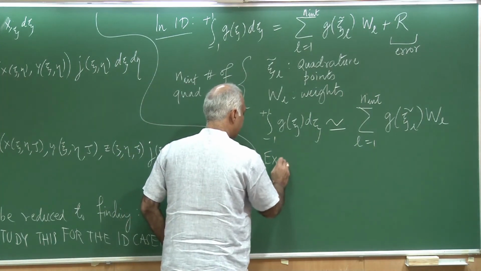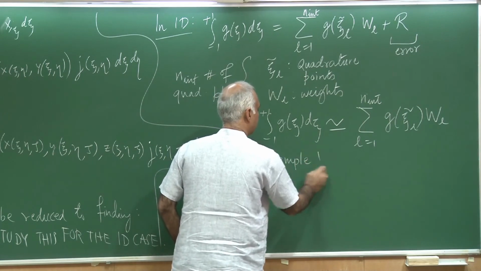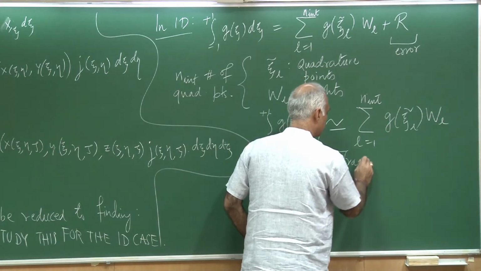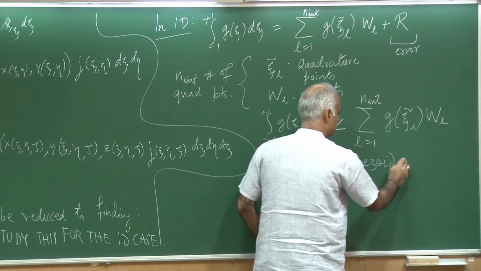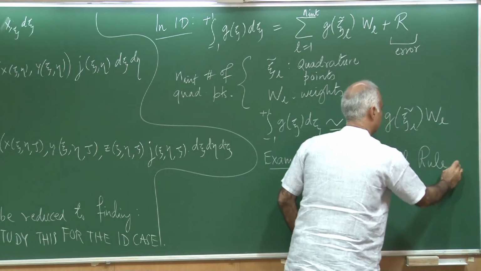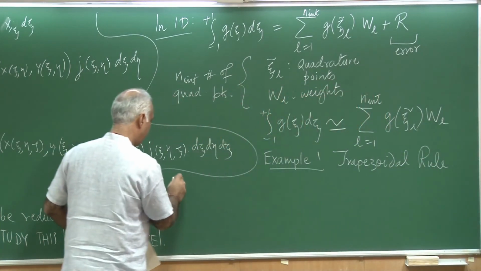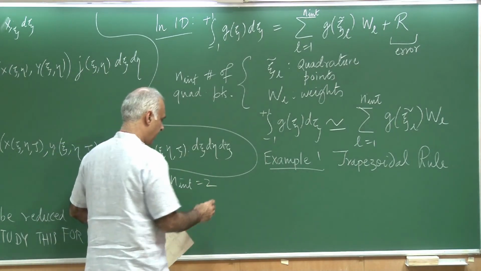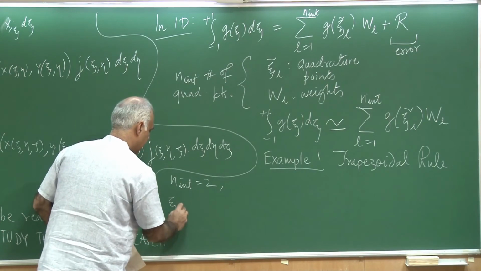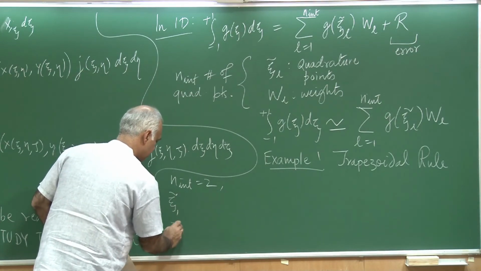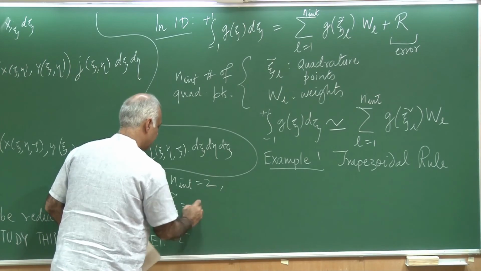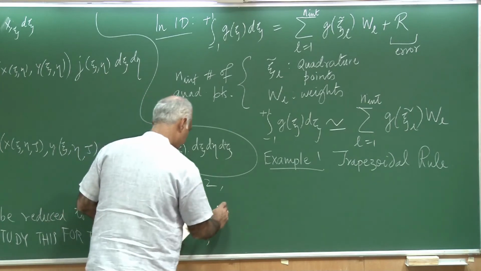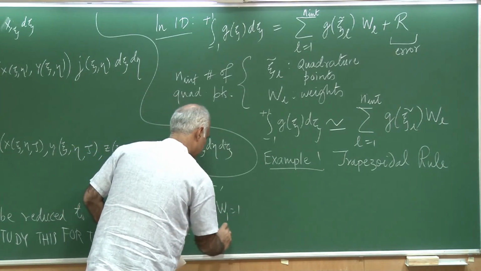So the first example that I want to talk about is the famous trapezoidal rule. In this rule, we have two integration points, and these are xi 1 tilde and xi 2 tilde, which are -1 and +1, and the weights are both 1.